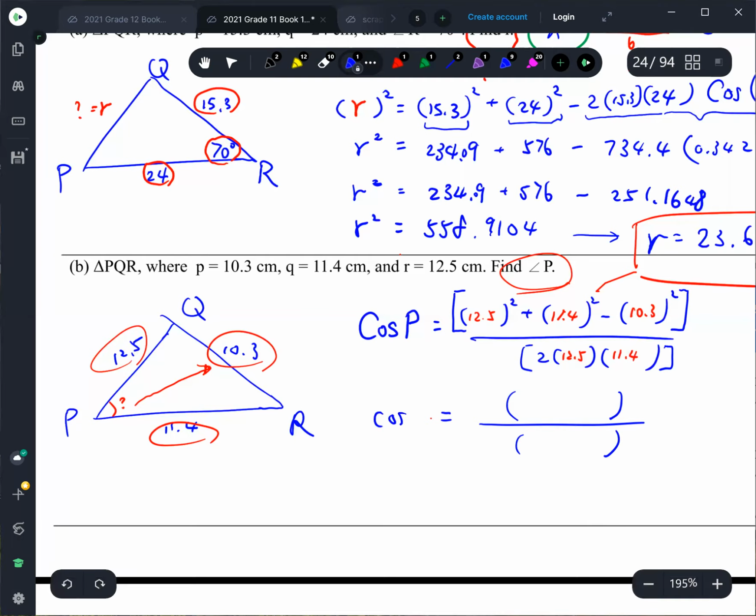If your calculator doesn't show what you type, it's better to do it separately. So cosine P, okay? Please tell me what you get on the right side. Once you got that number, it should be a decimal, 0 point something. Then raise your hand when you have that.